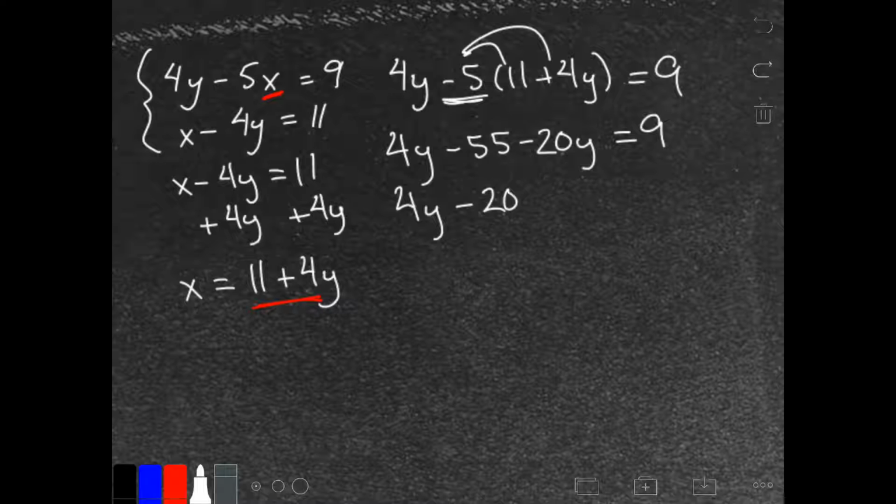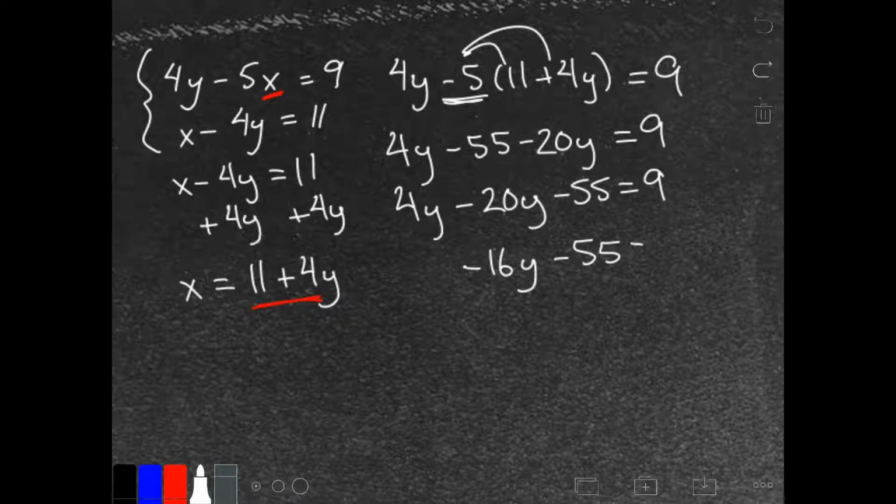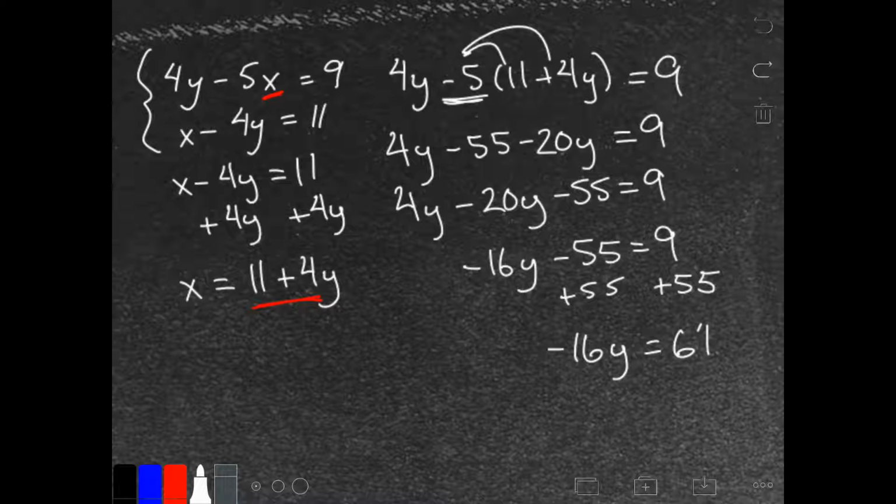So 4y minus 20y minus 55 equals 9. Combine like terms. 4y minus 20y gives me negative 16y minus 55 equals 9. I'm going to isolate the term with the variable by adding 55 to get negative 16y equals 64.